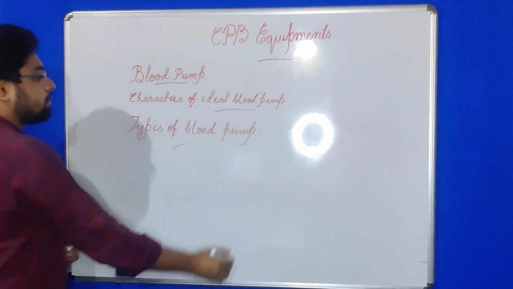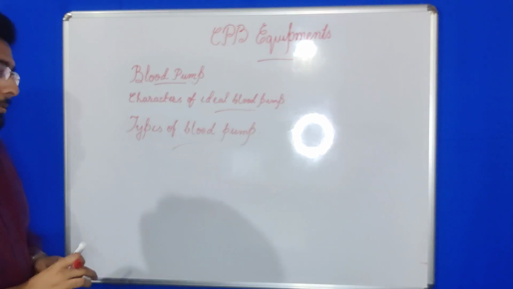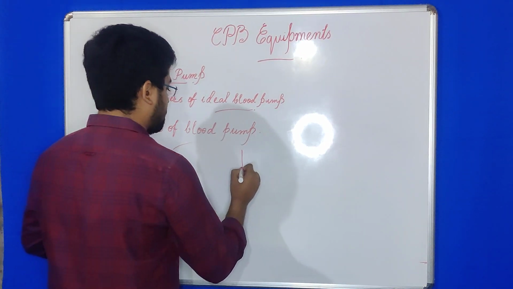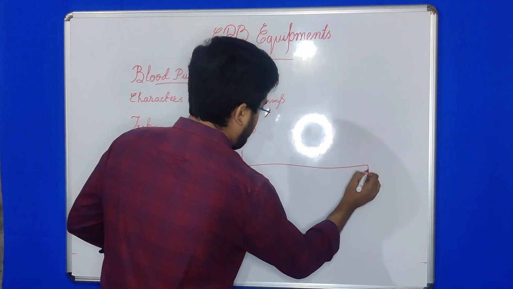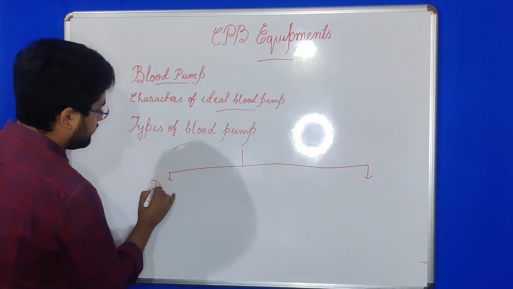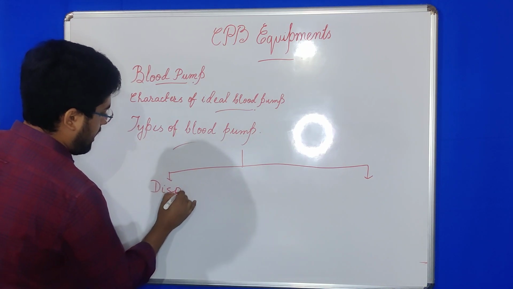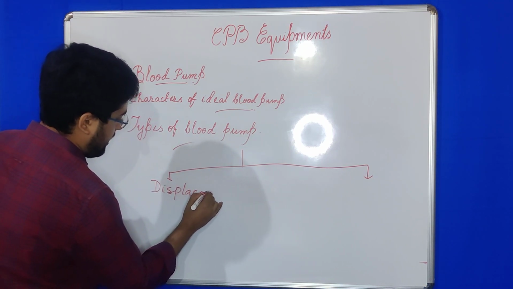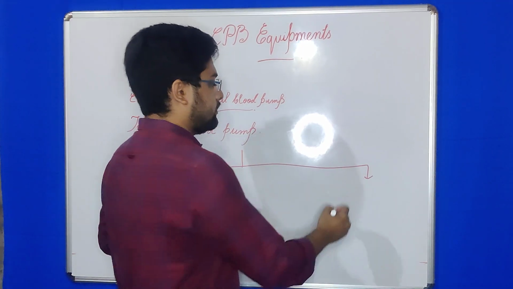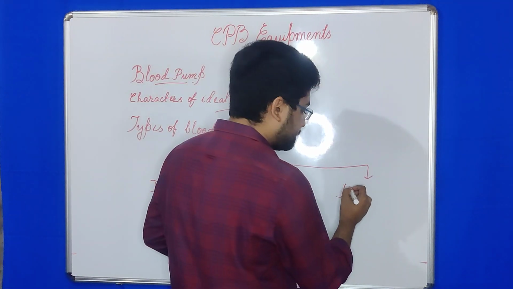So what are the types of blood pump? Blood pump mainly is of two types. Number one, displacement. Number 2, rotary.